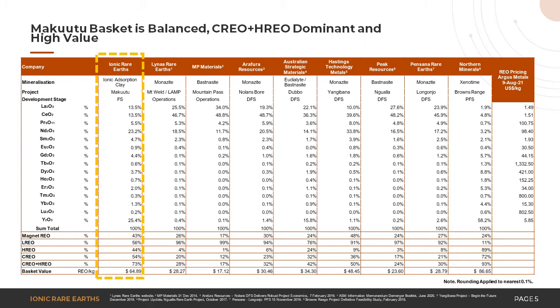The ionic adsorption clays have a much lower head grade, but have a higher composition of the heavy and critical rare earths that are required for the transition of global economies away from reliance upon carbon. And so we, from an ionic adsorption clay, produce a basket of rare earths that are more dominant in the heavy and critical rare earths that are going to be required for the technologies of the future.